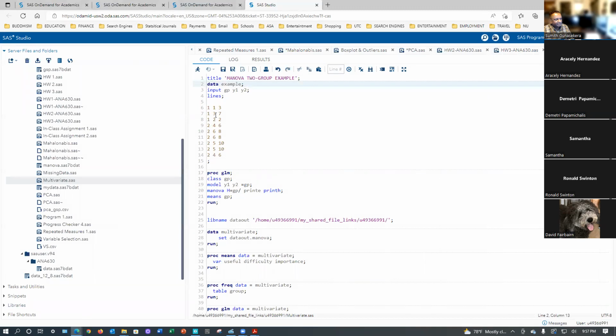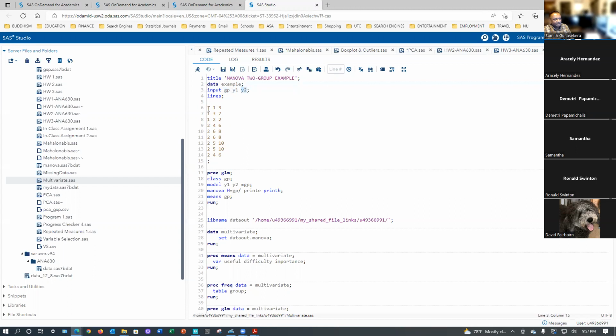We have two groups. The first group has only 3 entries. So I'm going to say GP as my input, Y1 and Y2, two variables. This is the group, this is Y1, this is Y2.